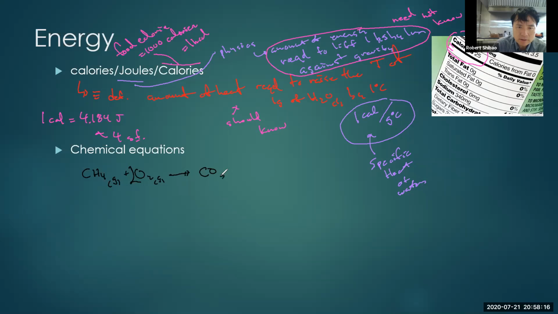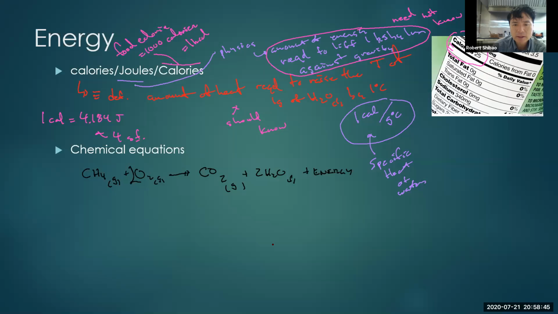This is going to produce a mole of CO2 plus 2 moles of water as a liquid. This is a gas. This is at 25 degrees C. Now, this is exothermic, so we say it's plus energy here. Now, how much energy is it? Well, I can look that up, or we can calculate it in Chem 1A. But let me look it up.